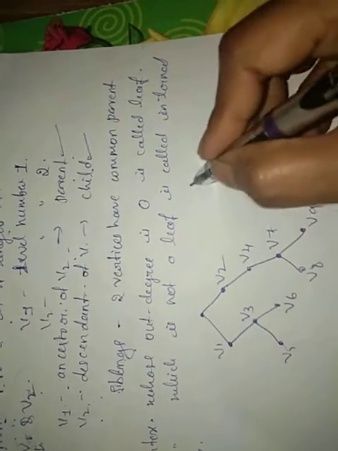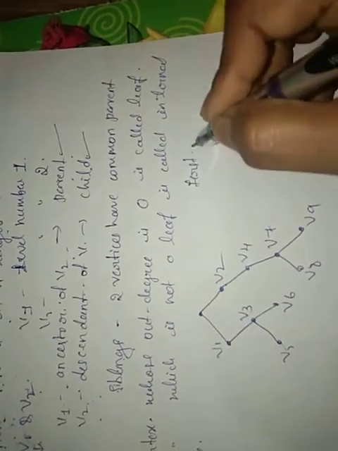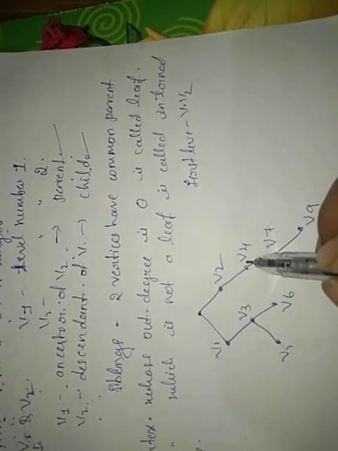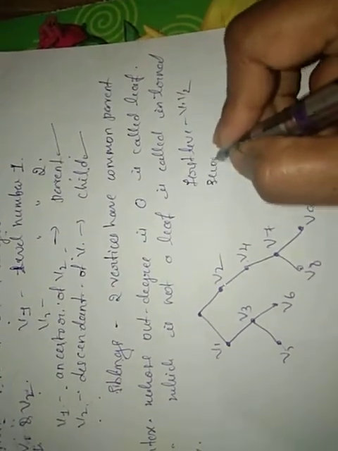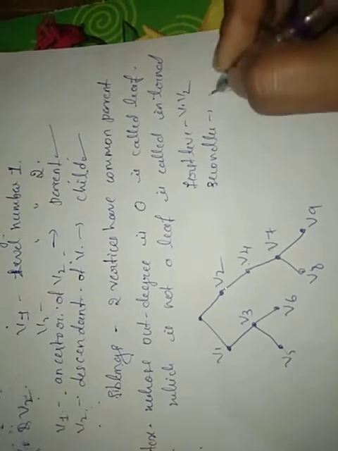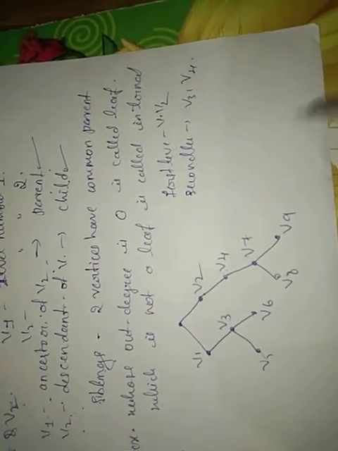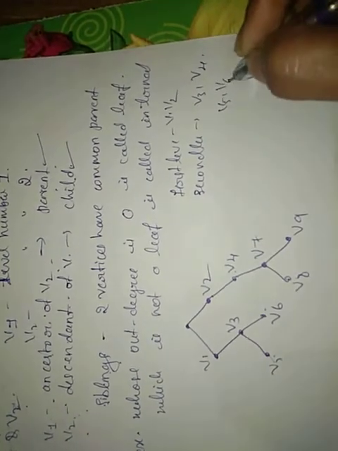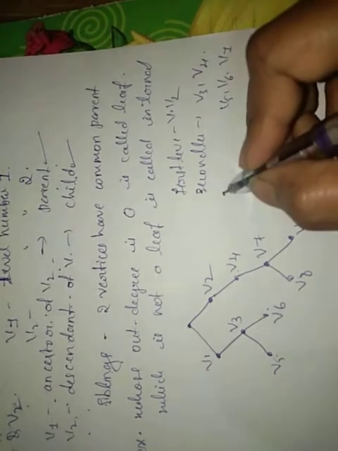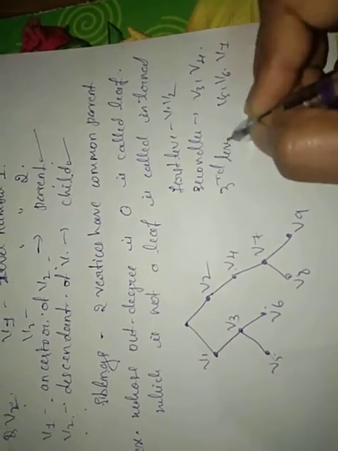See here, V1 and V2 are of the first level. V3 and V4 are of the second level. V5, V6 and V7 have the third level.